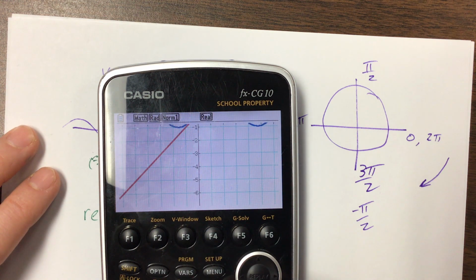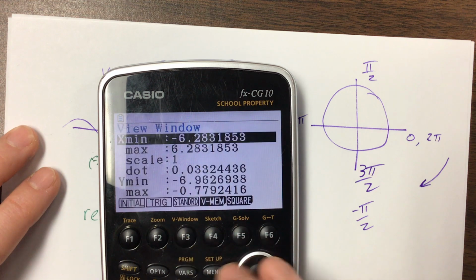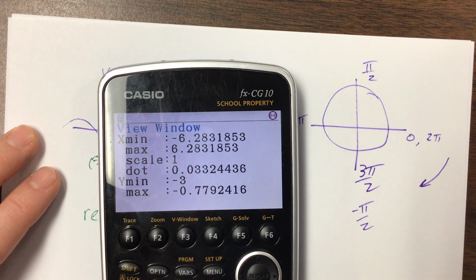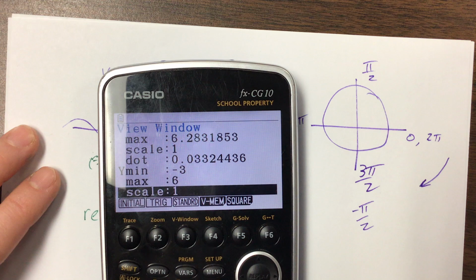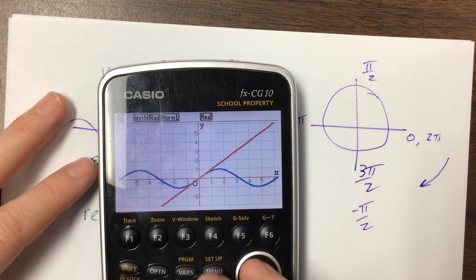Oh, that's annoying. Hang on. Sorry. Negative 3 to 6. See what happens with that. I don't know, I'm guessing. Okay, and there's that line. Well, that's nearly not.